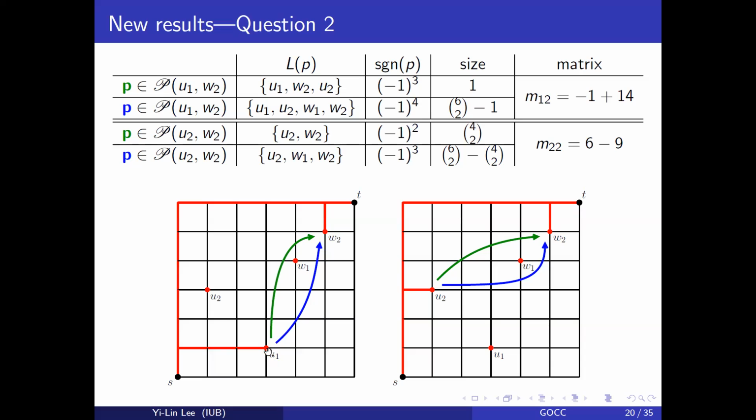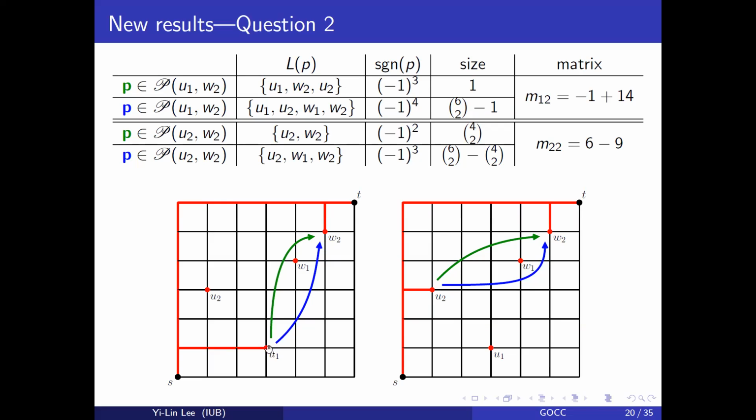You just start from U1 going up to the end, and then going right. So there's only one such kind of path. And in this case, U1, U2, and W2 are on the left side. So this contributes -1 in the (1, 2) entry.